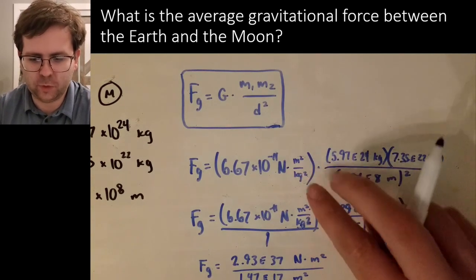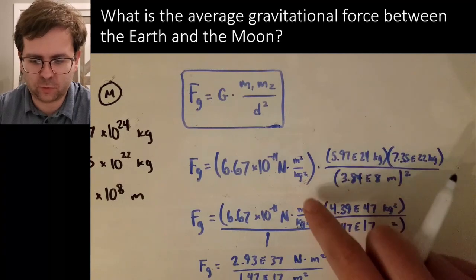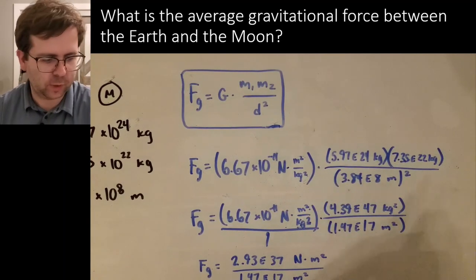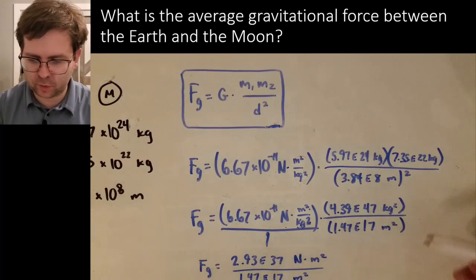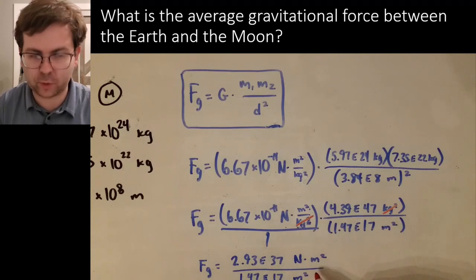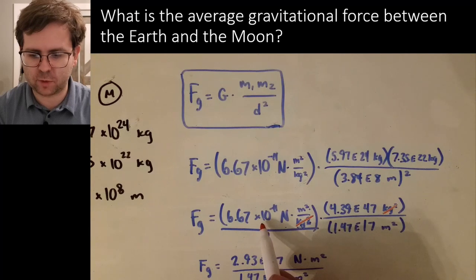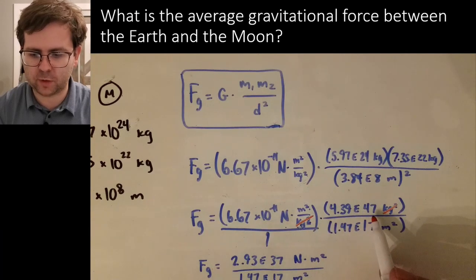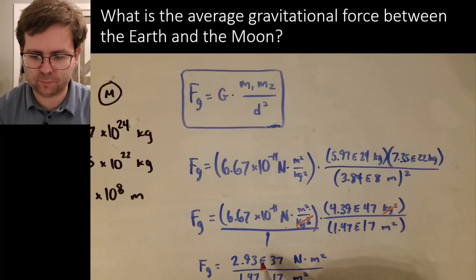I realized that I had the units over here flipped, so I fixed the units over here. So when I did that, the kilograms squared canceled out right here, and it left me with just newtons times meters squared on the top. I got this number when I multiplied 6.67 times 10 to the negative 11 by 4.39 times 10 to the 47.